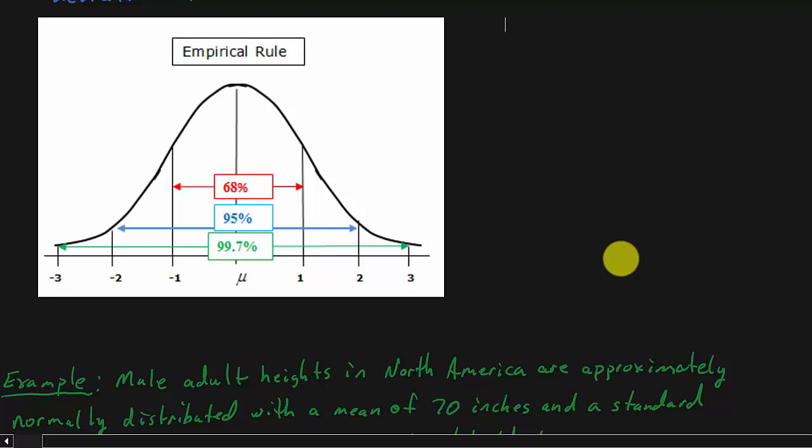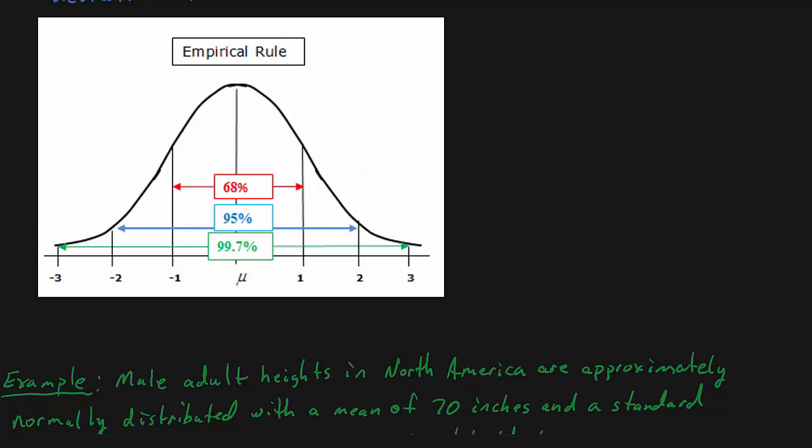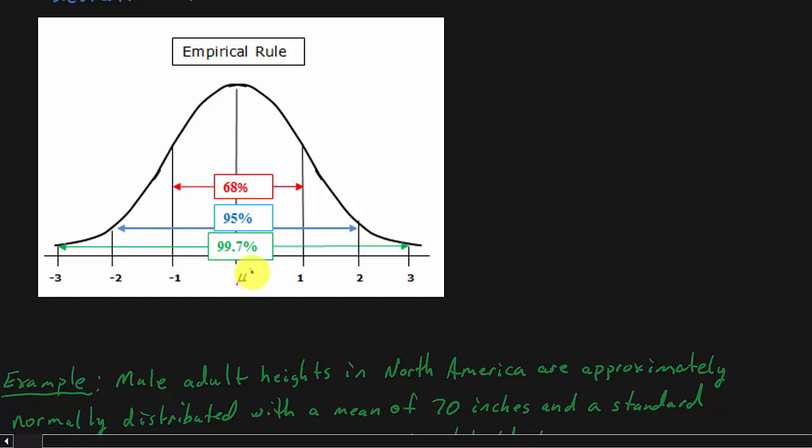So here's a normal distribution, and you can see here this is our mean, and then this is one standard deviation about the mean. See, this is one standard deviation, and this is what we would consider two standard deviations about the mean.